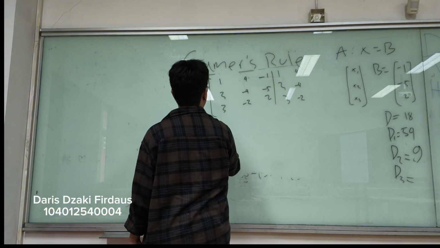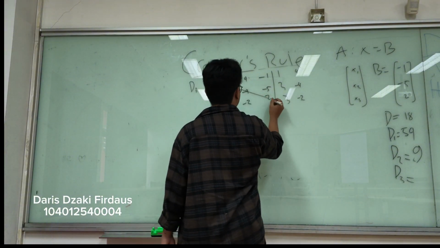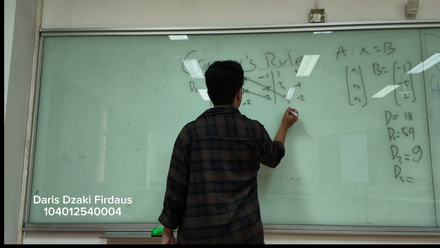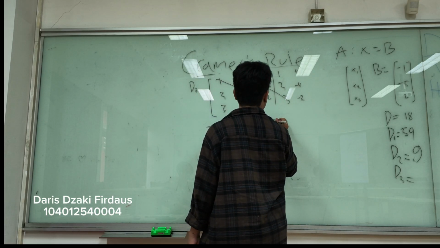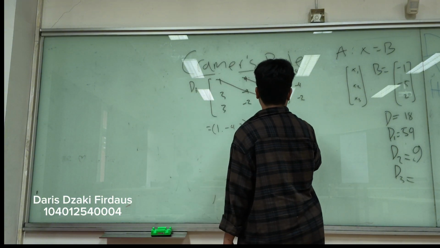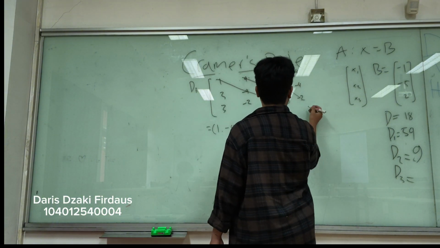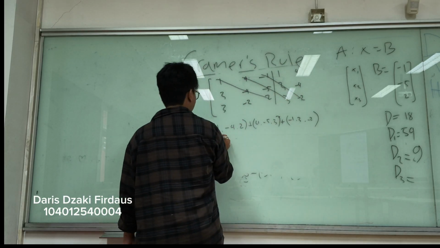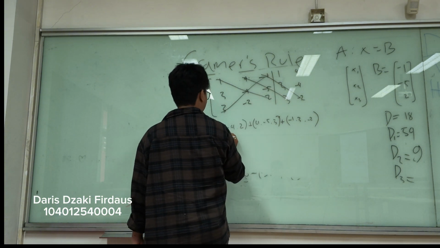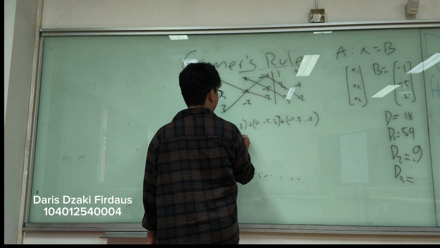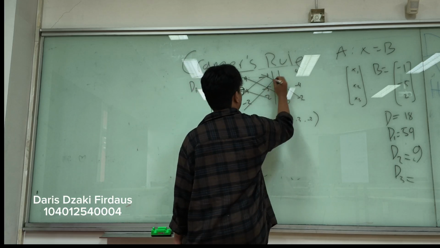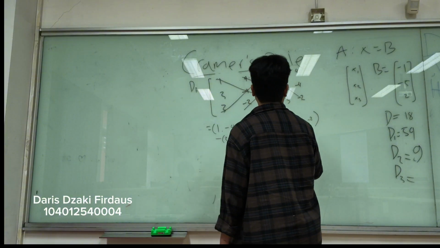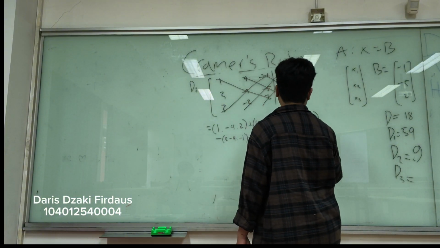The D3: the first one we get 1 times minus 4 times 2 plus by 4 times minus 5 times 3. Plus again, minus 1 times by 3 times by minus 2. And then minus, we have 3 times by minus 4 times by minus 1. Minus again, minus 2, minus 5, 1. Minus 2 times 3 times 4.